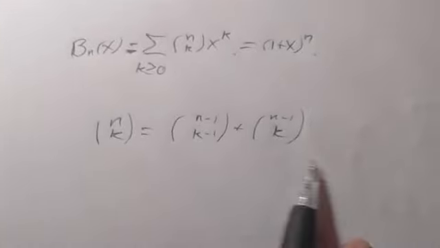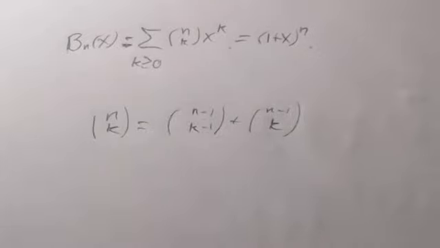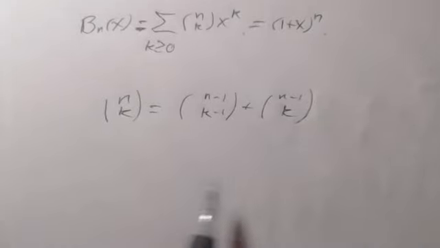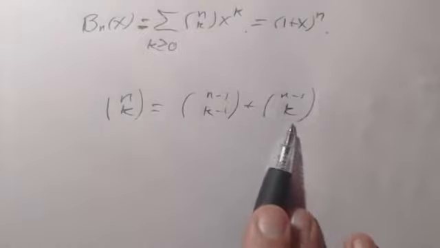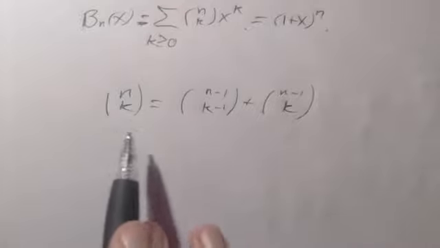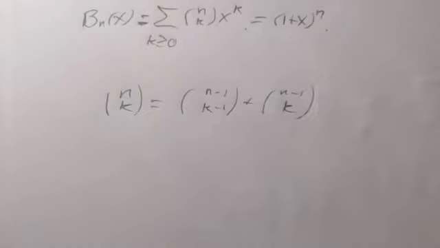And the way we obtained this recurrence relation was by literally considering subsets of size k of n objects and considering those which had a particular fixed object and those which didn't. And that's how we got this. So we don't know that this is going to work for anything other than n a non-negative integer and k an integer between 0 and n.